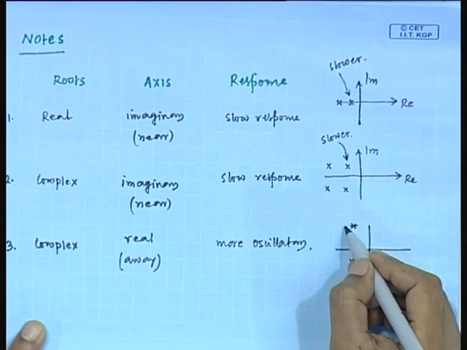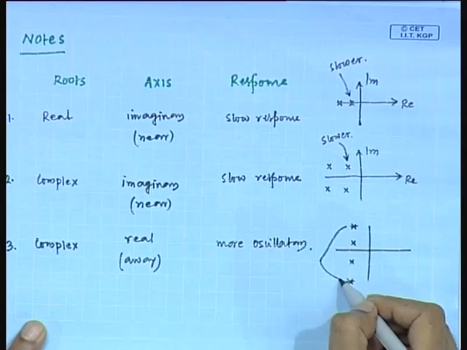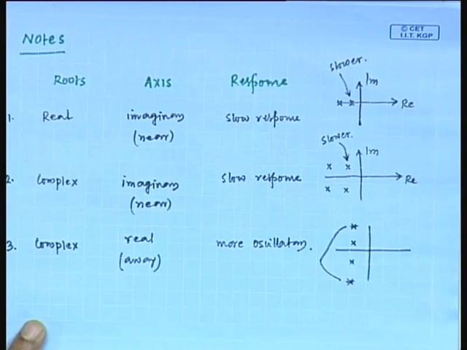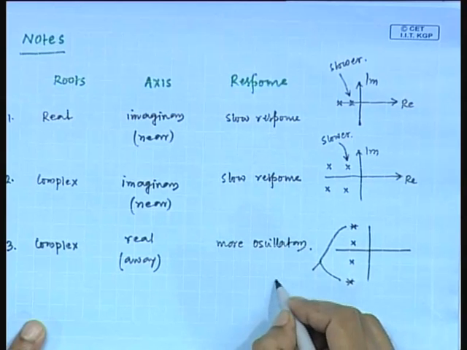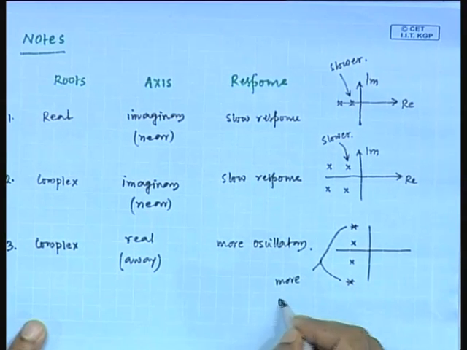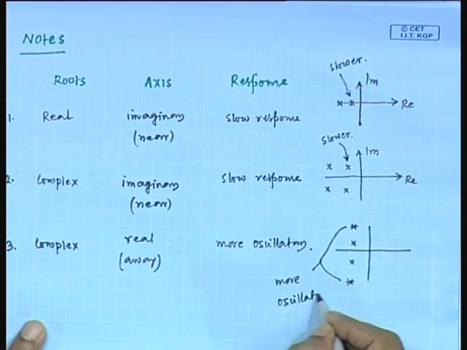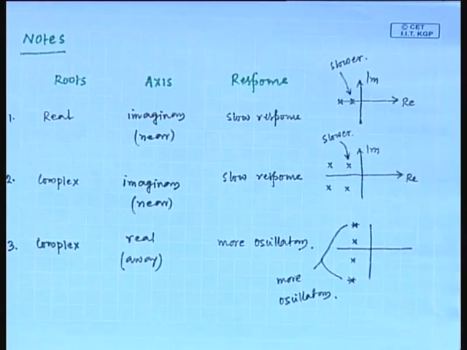This set is away from the real axis, so this set will provide more oscillatory response. So these are three important points on the transient response, speed of the transient response, you can say.